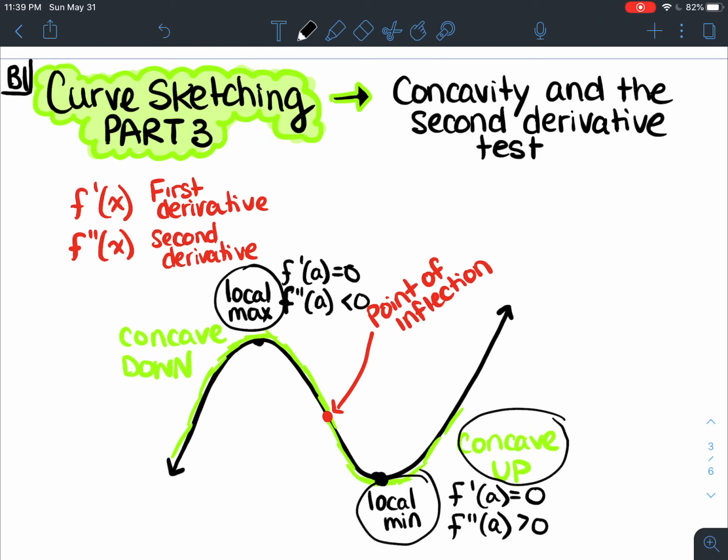So that's just a little summary of what happens at the first and second derivative. And then right at the point of inflection, your second derivative is going to be 0. Your second derivative changes from being less than 0 to greater than 0, but right at the point of inflection, it equals 0.